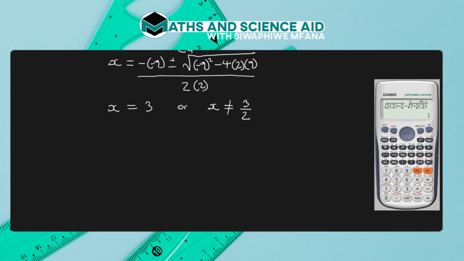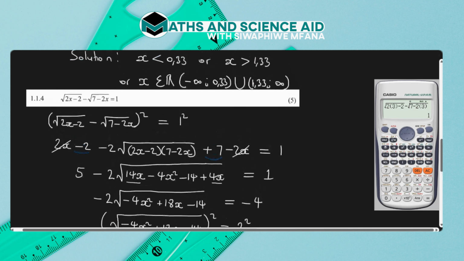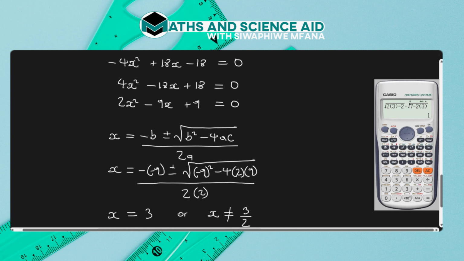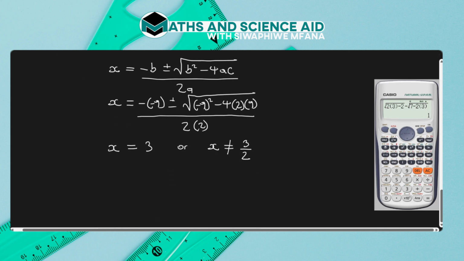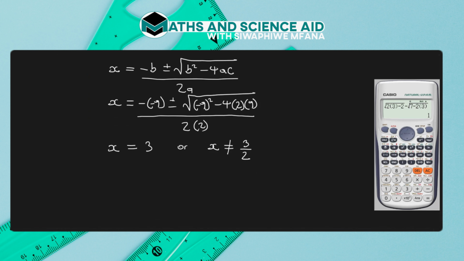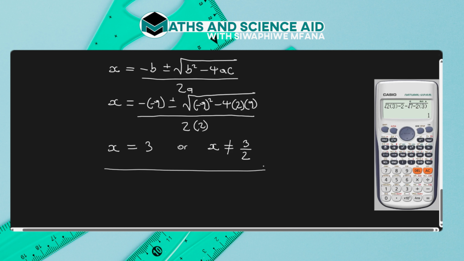So as you can see, if we input 3, we then get positive 1, which is exactly what we see in the original equation. So this means that x equals 3 is actually the solution of this equation. So that is how you can answer this particular question.